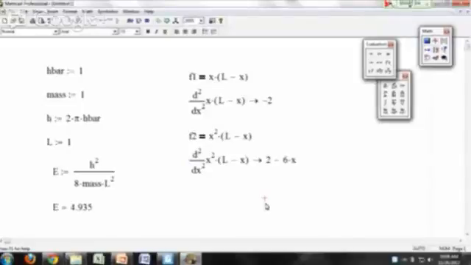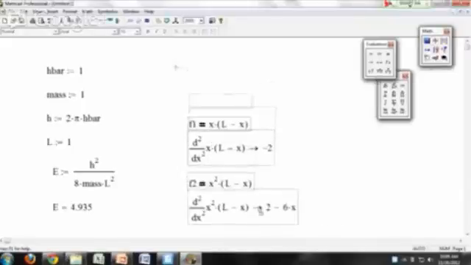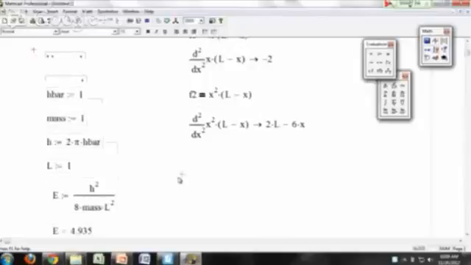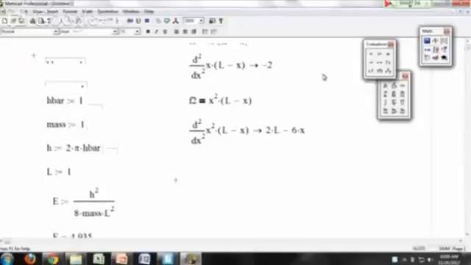Okay? It's assuming L is 1 here. Let me define L later, so let's make that more generic. So those are your expressions for your functions.